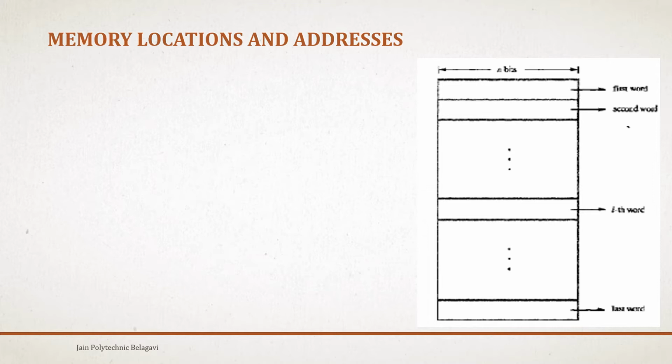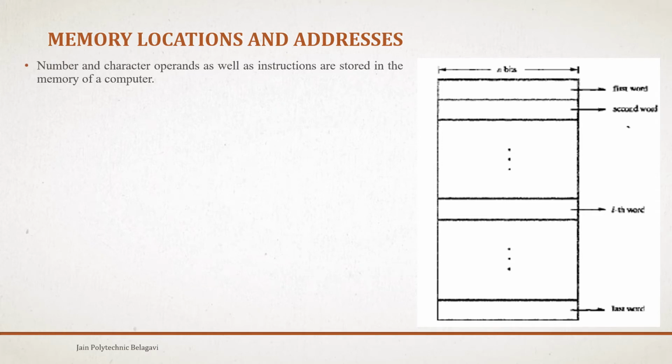As you can see in the picture, this picture shows the structure of memory locations. That is how the memory looks for storing a word of information, or you can say computer information. Numbers and characters, operands as well as instructions are stored in the memory of a computer.